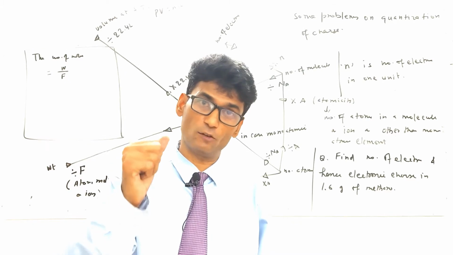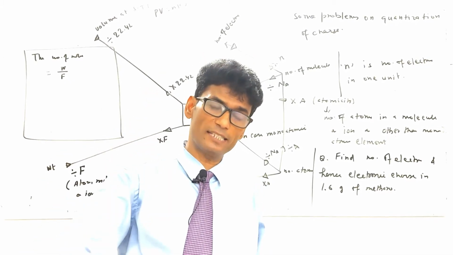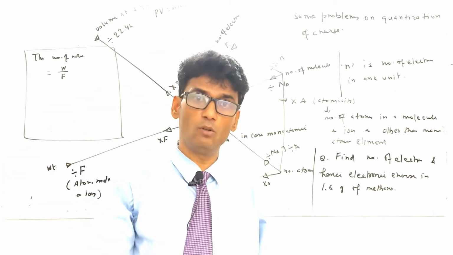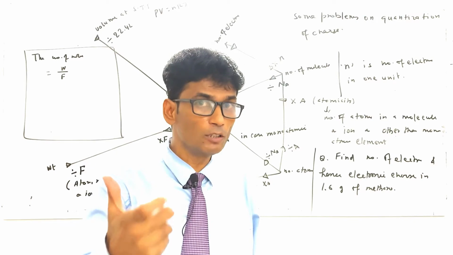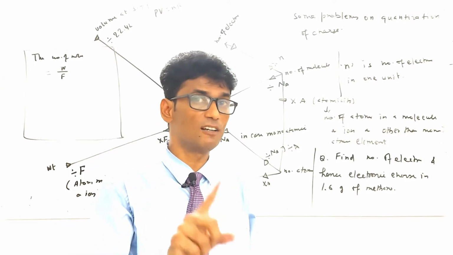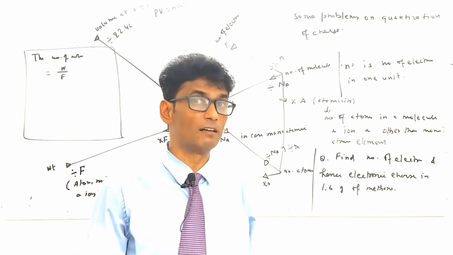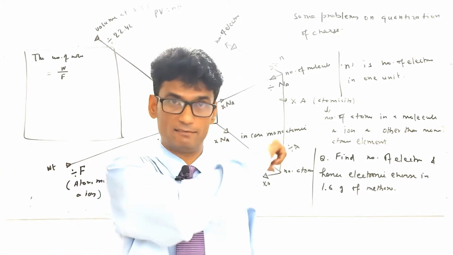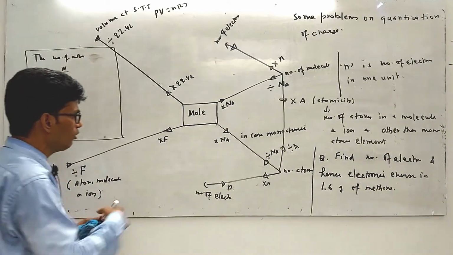If one says the weight of a molecule, 2 molecules, 10 molecules, or 100 molecules, then you must mention that. If you only say molecular weight or formula weight, we take the weight of 1 mole of that. So we have arrived at the mole.